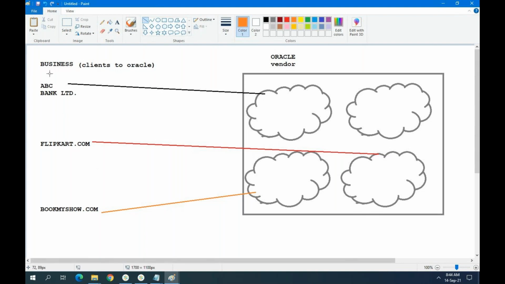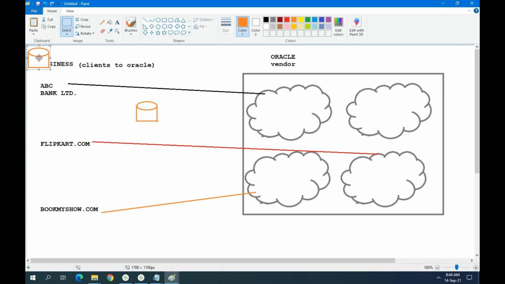See, for the bank, there are so many branches. All branches' data stored as a single database? No, no. For each branch, they will maintain a separate database internally.